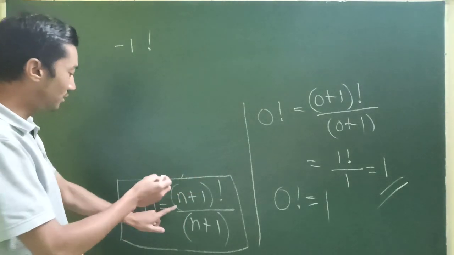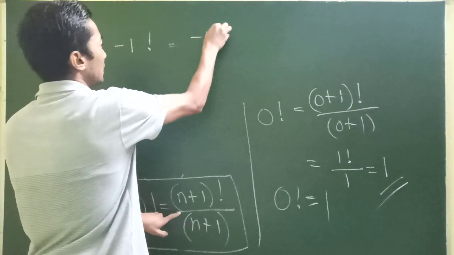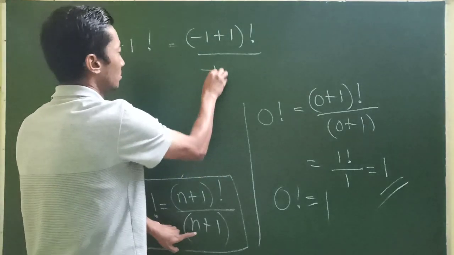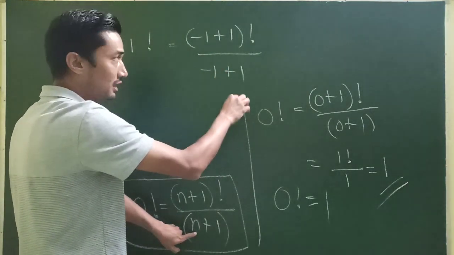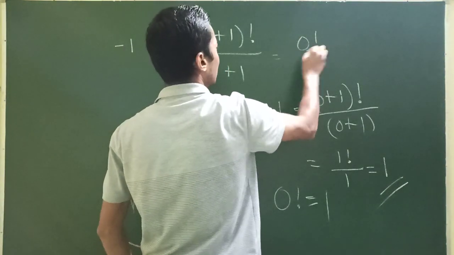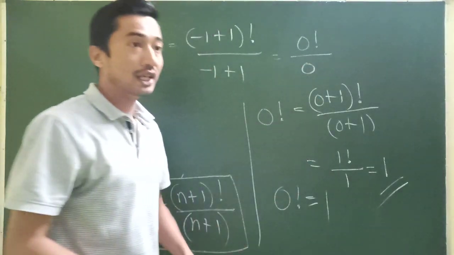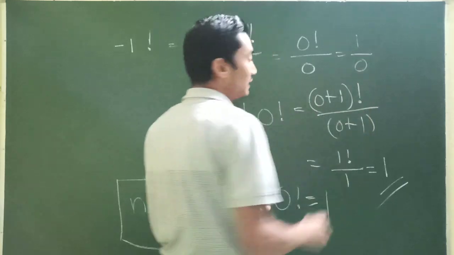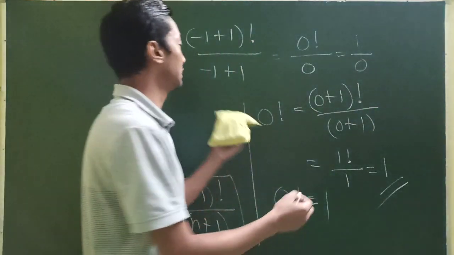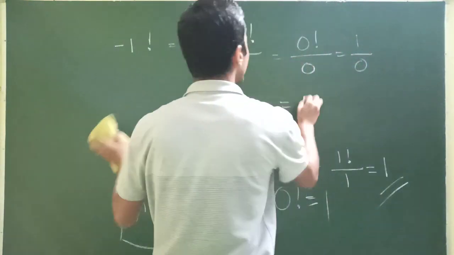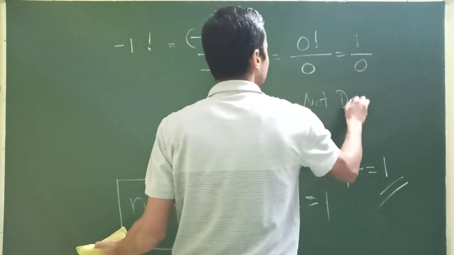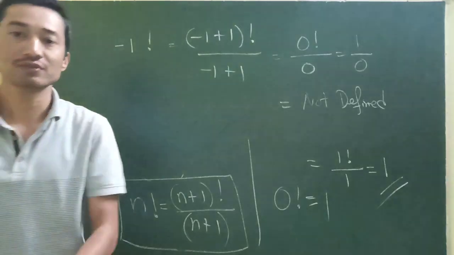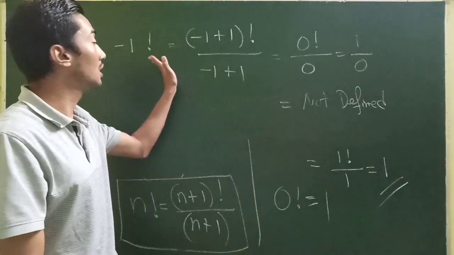Minus 1 factorial will be minus 1 plus 1 factorial divided by minus 1 plus 1. That's going to be 0 factorial divided by 0. Of course 0 factorial is 1, no problem, but anything divided by 0 is what? It is not defined. And that's why we say that factorials for negative values are not defined.